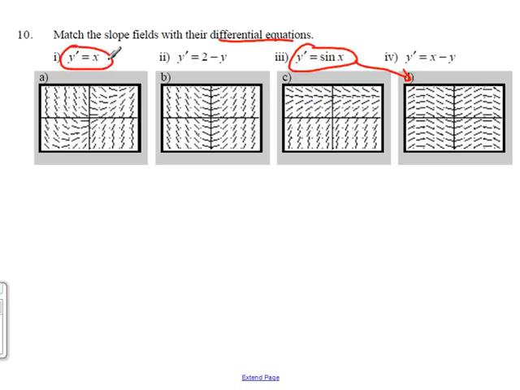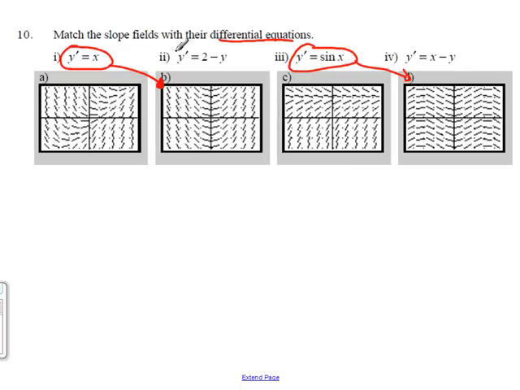So y prime equals x, which means that as I just change y, the derivative shouldn't change. So provided that we fix x, my derivatives here don't change. And we can see that the slope, as I fix an x and go up, my tangent lines are all the same. And that's because for this particular graph, the derivative only changes when x changes. And we can see that graphically.